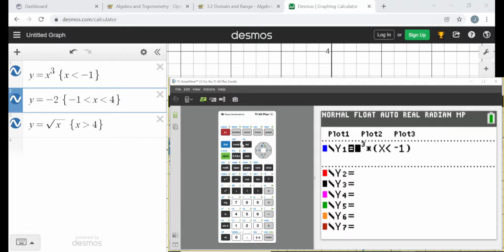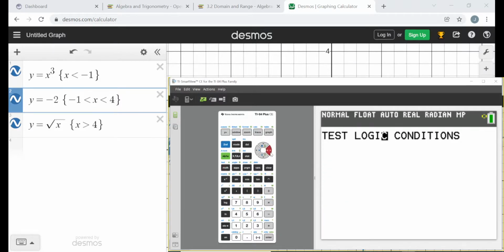Go back to the y equals. I have the first piece rule times its condition. Then you add, plus, the second piece rule, which is -2, the output for that second piece, times its condition. So I'm going to go second test over to conditions.